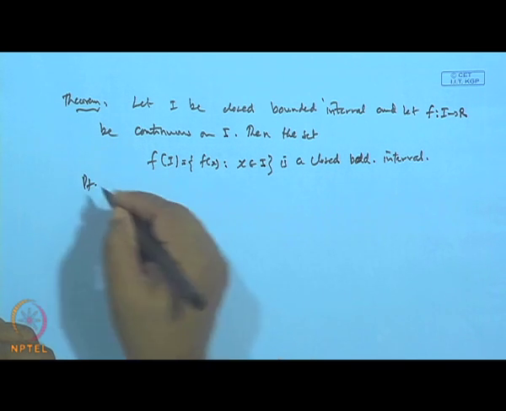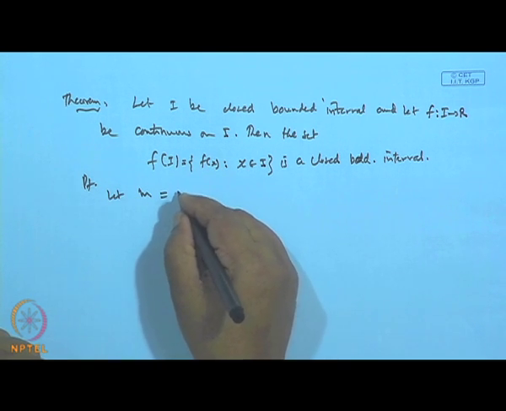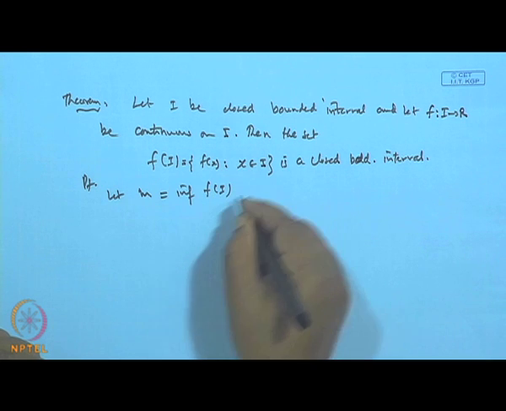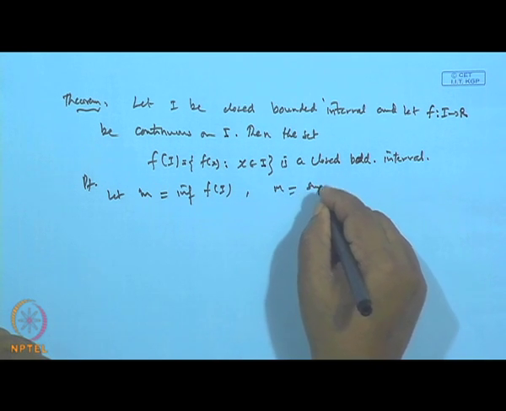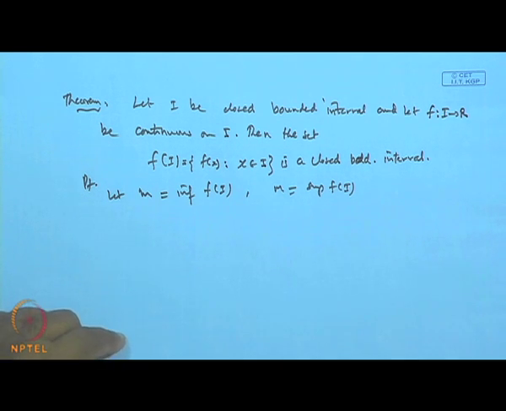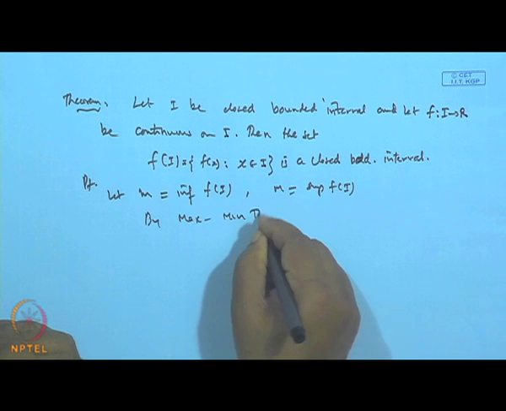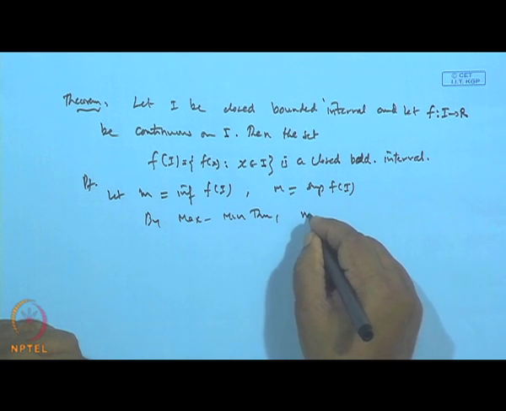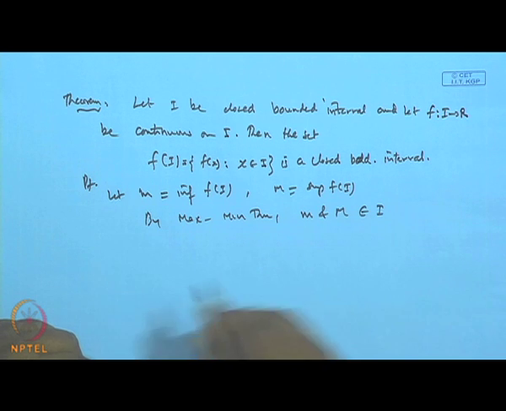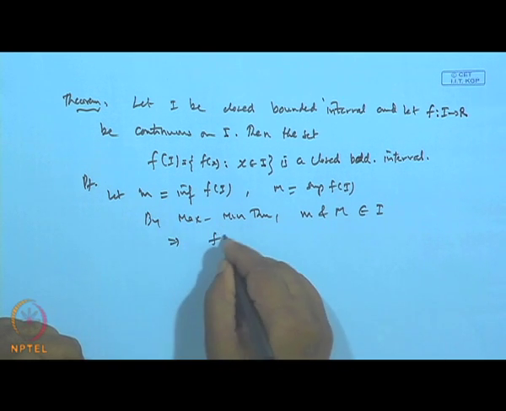So, the proof is just like this. Suppose m is the infimum value of f of I and capital M is the supremum value of f of I. Then we know from the maximum minimum theorem that m and M are attained, that is, they belong to f of I, because there will be points in I where they are attained.